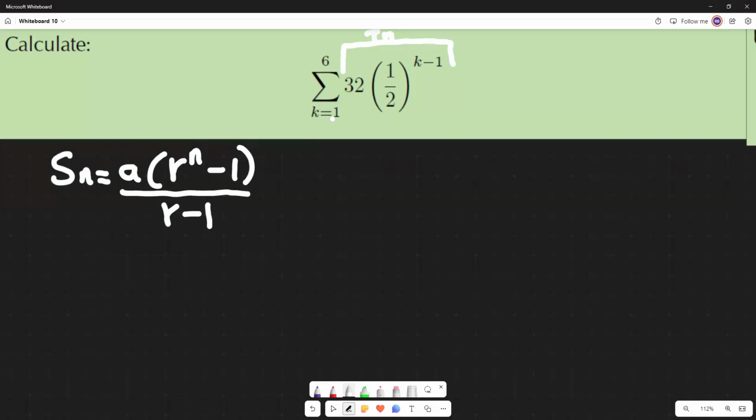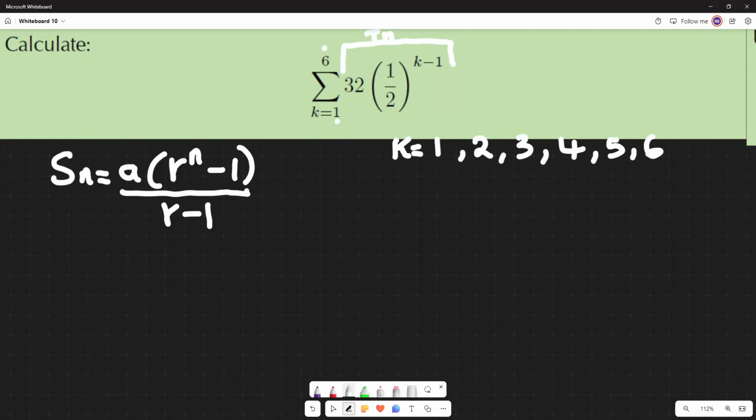So let me break this one down so that you see what this means. They mean we're moving from k equals 1, and then we're going to go to k equals 2, k equals 3, 4, 5, then 6. So this is where you are starting, and that is where you are ending.